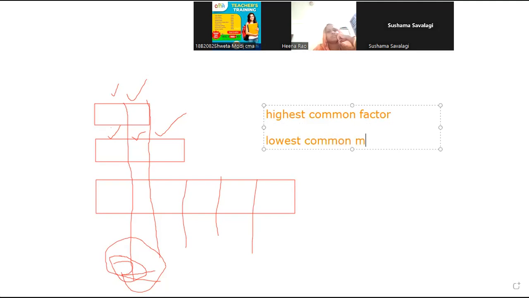Now you can understand why the lowest common multiple was 12: because that was the first time when all the 3 bells were ringing together. And here 2 is the highest common factor which can equally divide all these numbers.